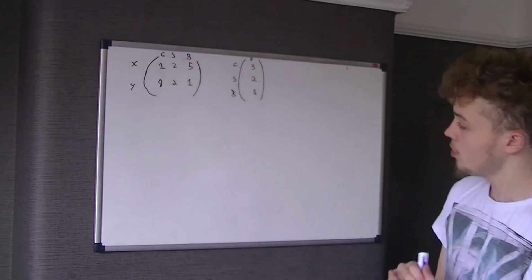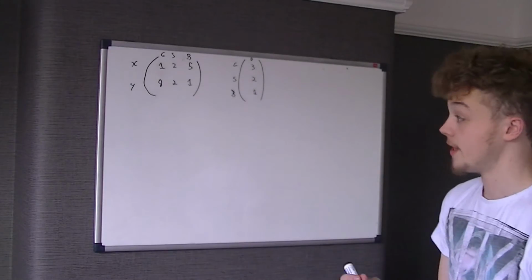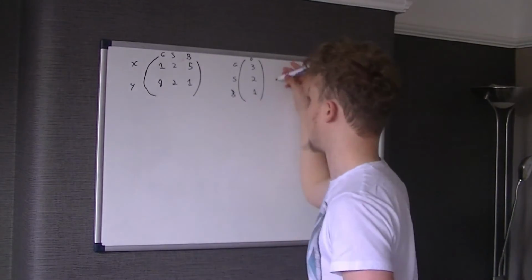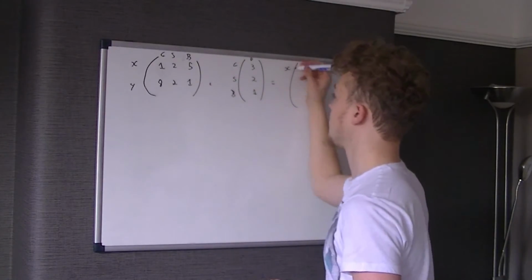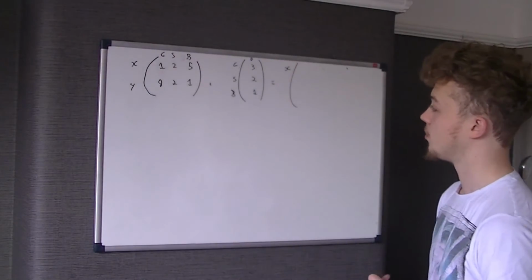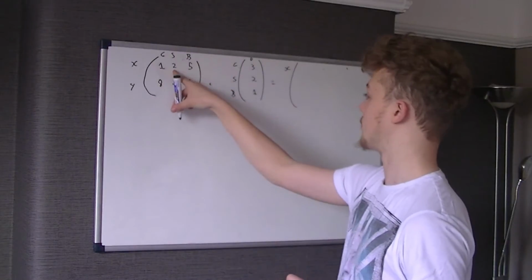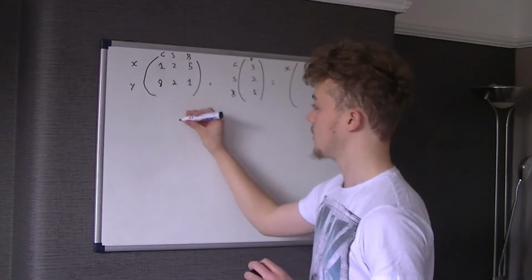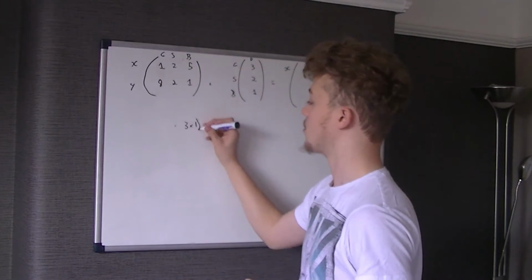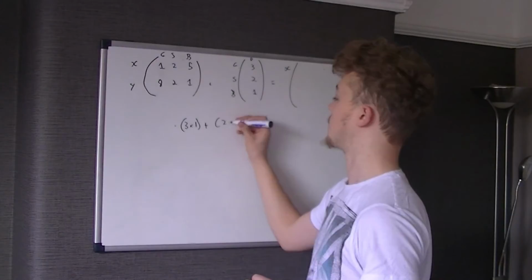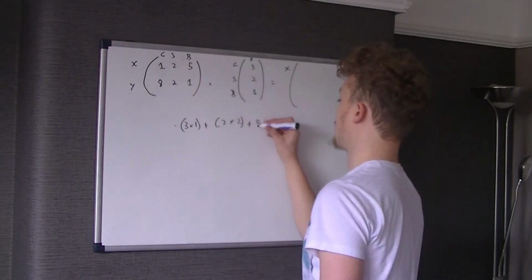So what would we do? We want to find out the total points for each country, so obviously we'd end up with another matrix. For country X, there's 3 points for gold, 2 points for silver, and 1 for bronze, so it'd be 3 times 1 point, plus 2 times 2 points, plus 5 times 1 point.